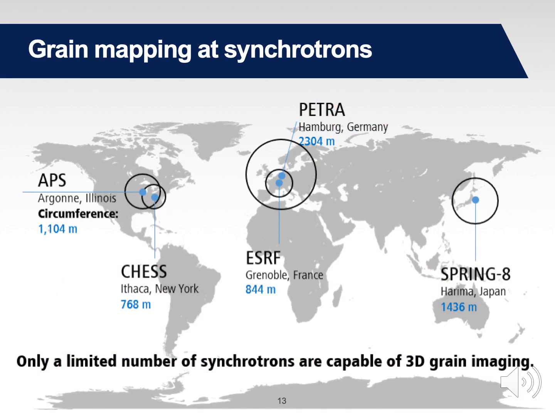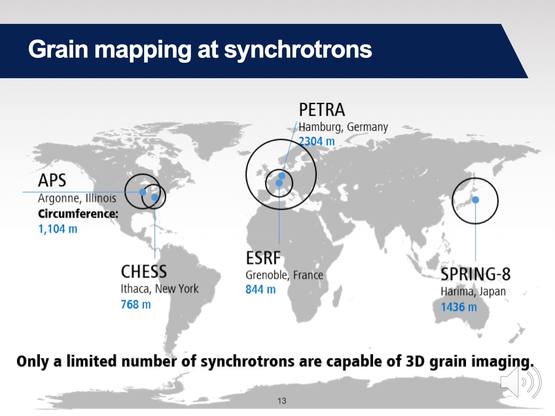Among them, the Advanced Photon Source at Argonne National Laboratory outside of Chicago, and the European Synchrotron Radiation Facility in France. But due to competition for beam time, it only allows for a limited number of researchers for a very limited amount of beam time per year.